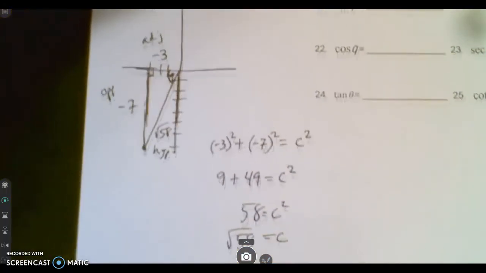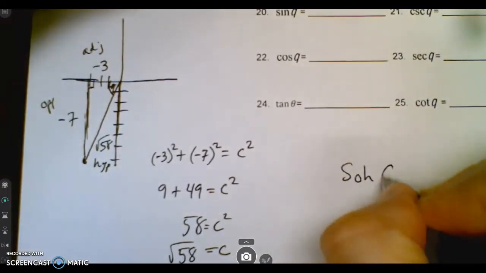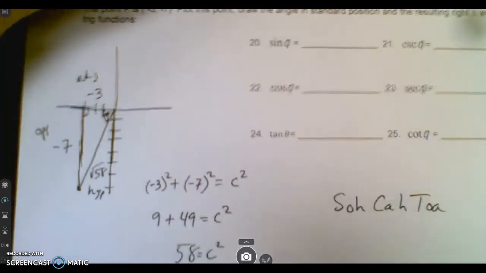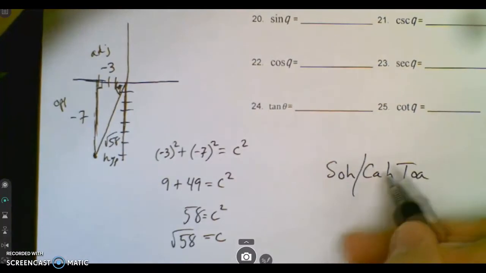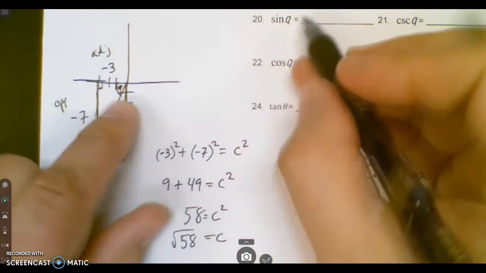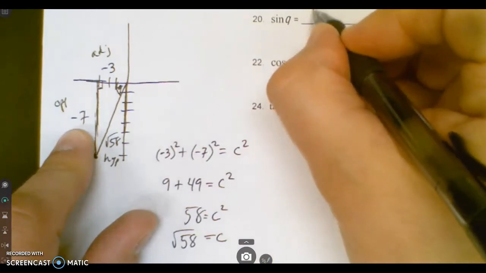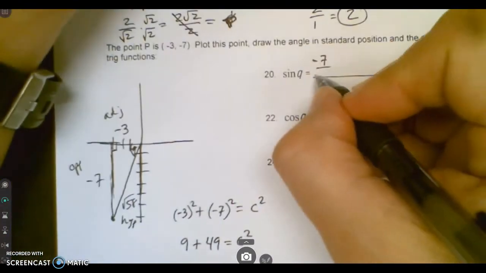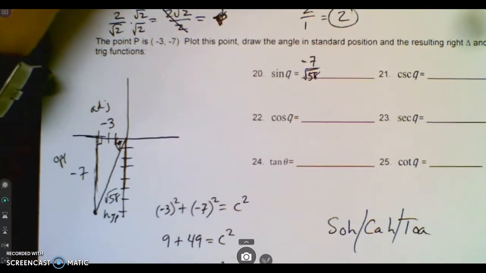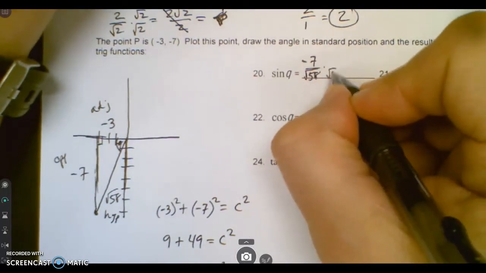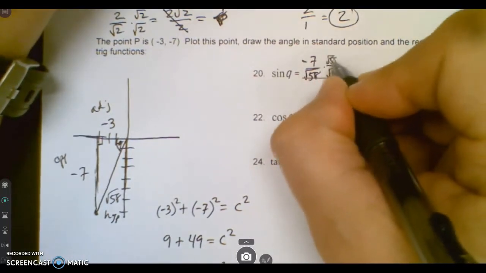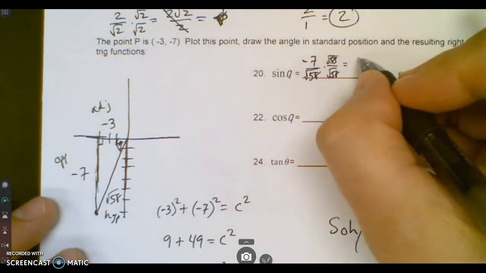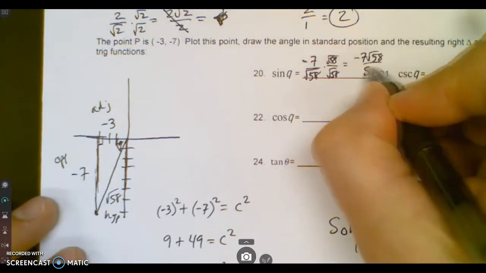Okay. So now what's cool is good old Sohcahtoa. If you ask me what sine of this angle is, sine is opposite over hypotenuse. So opposite is negative 7 over hypotenuse, which is radical 58. And that's kind of ugly, so you're supposed to multiply top and bottom by radical 58. And we'll get, what's that going to be? Negative 7 radical 58 over 58.